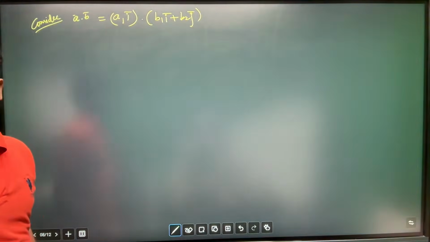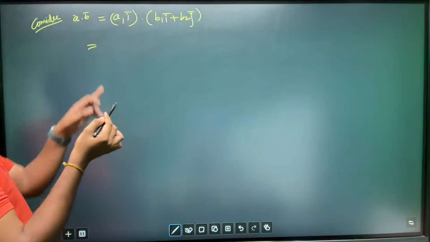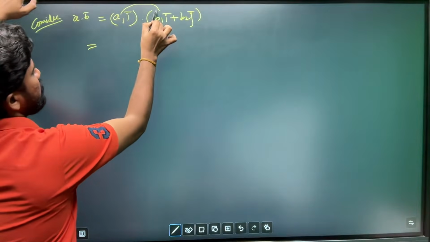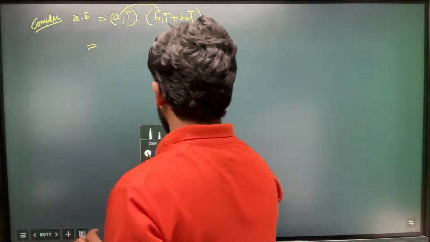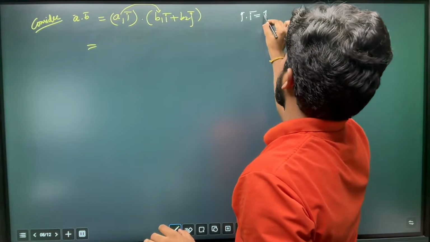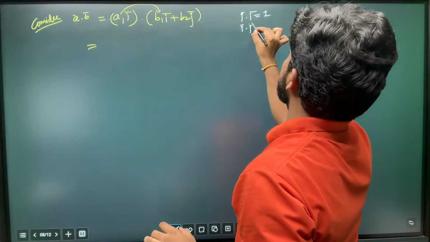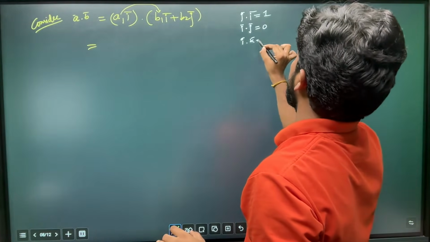Clear? Okay, so next, dot product is nothing but with I bar you have to multiply I bar value only. Here I am going to give you the formula. Please remember, very very important. I bar dot I bar is equal to 1 but I bar dot J bar is equal to 0. Next, I bar dot K bar is also 0. Please note these points.